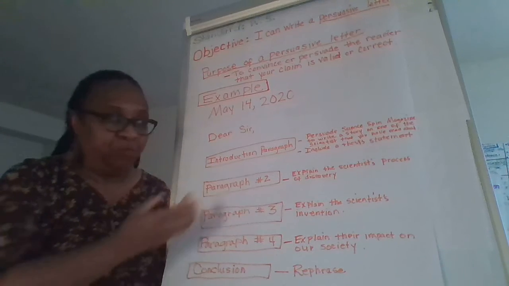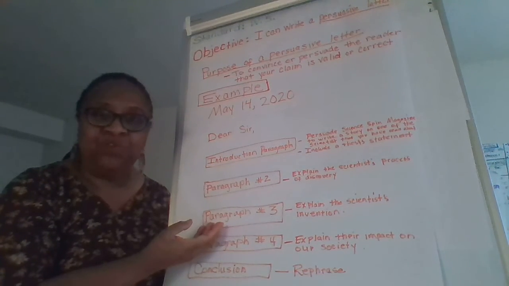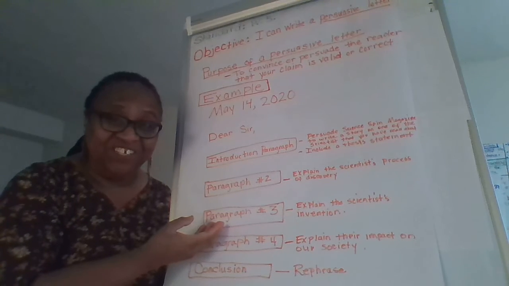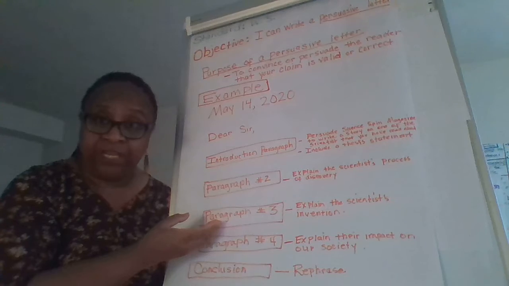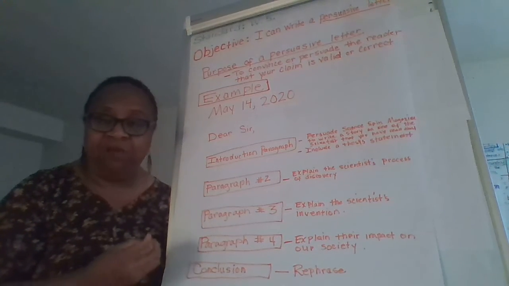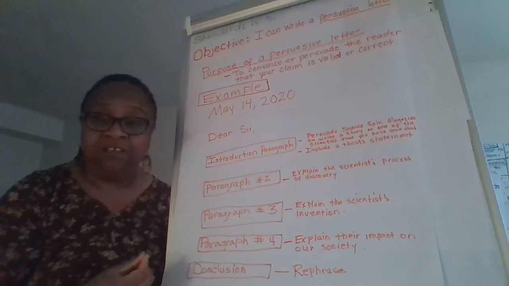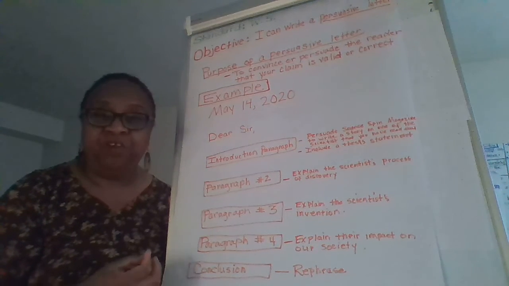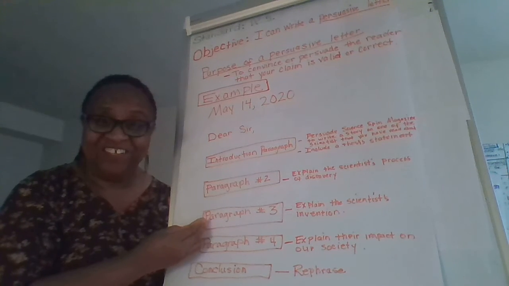So they come from the process of discovery, and now they go into the invention of the discovery. So I want you to explain thoroughly how they got to the invention part. How was it invented? Give me evidence, text evidence from your article about the invention. Okay?